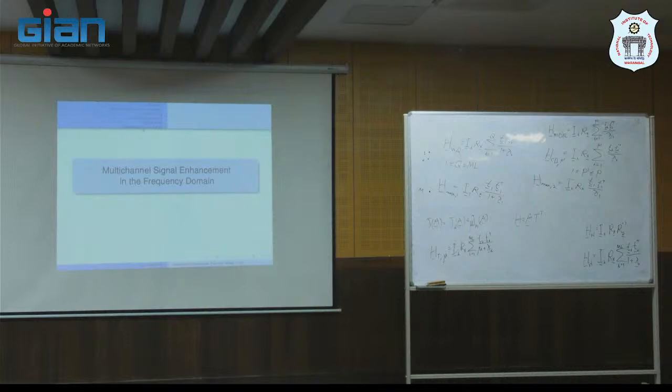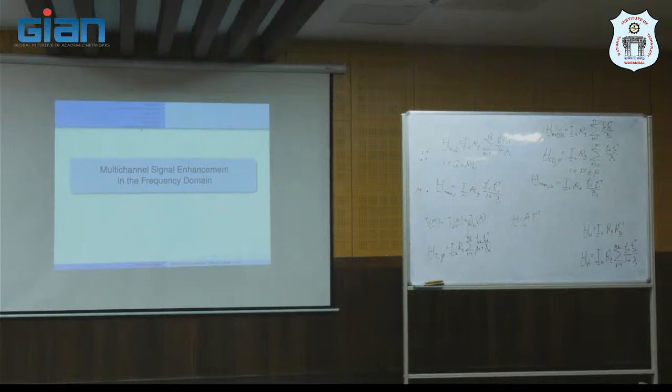in the vectors. So now, in the frequency domain, in the single channel, we used only gains for each frequency. We worked with each frequency independently, and we found the optimal gains. Now, when we extend it to multi-channel signal enhancement in the frequency domain, we now will use the correlation between sensors in the frequencies.